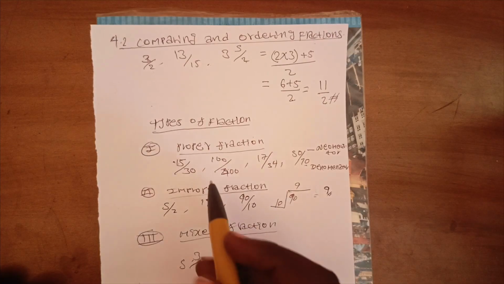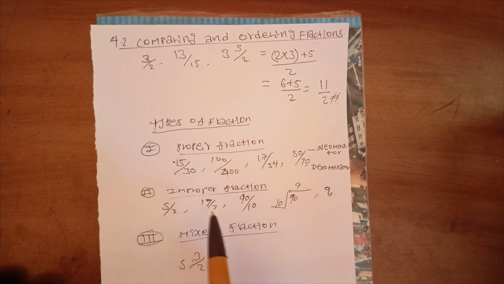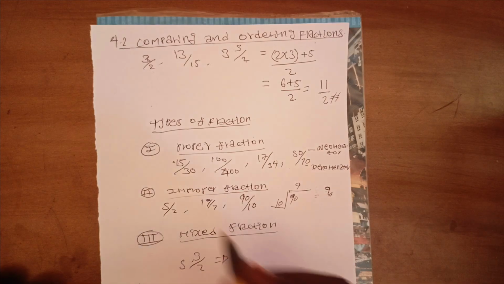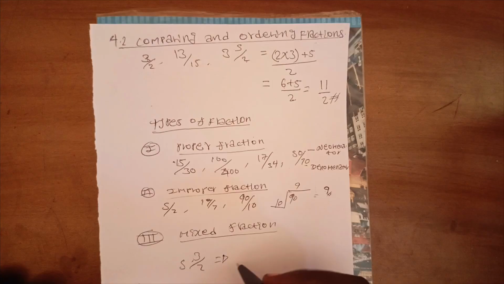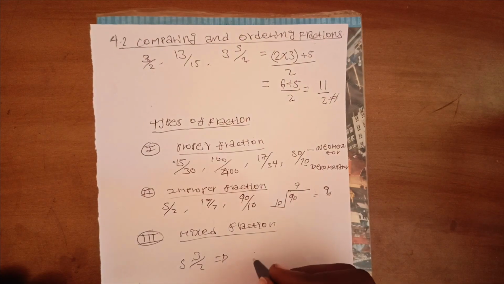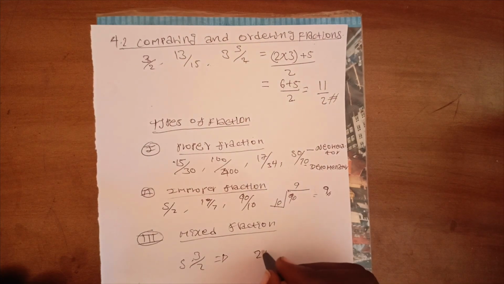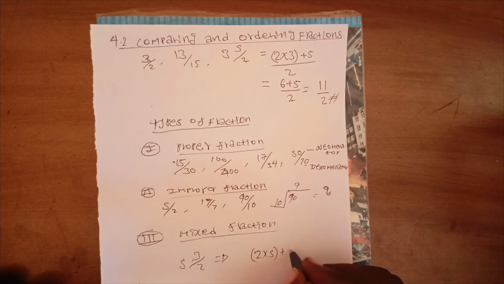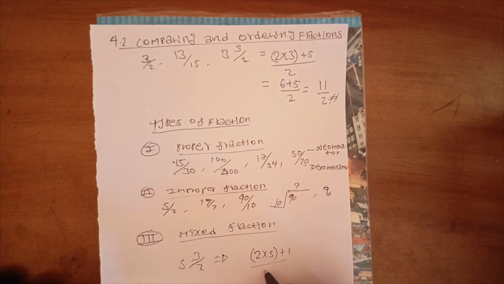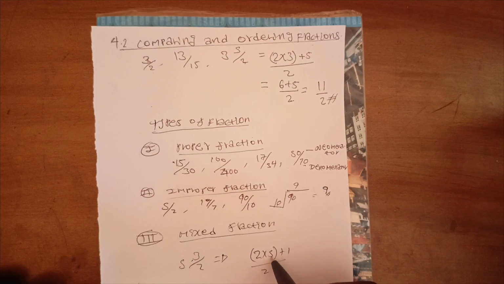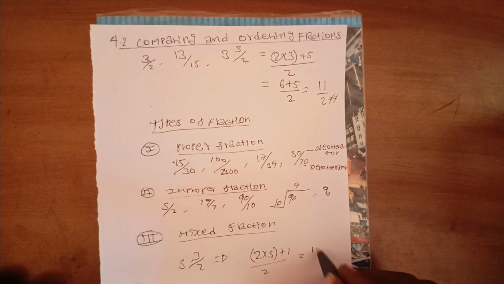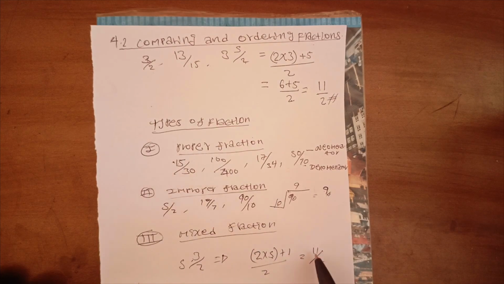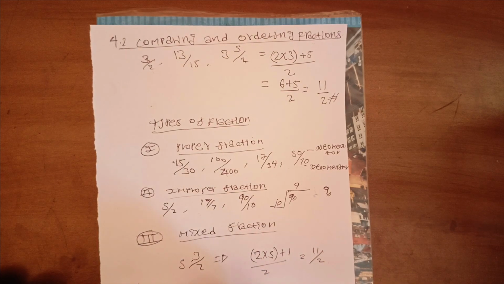To be an improper fraction, because its numerator is greater than its denominator when we change it. Like this, 2 times 5 plus 1 over 2. 2 times 5 is 10, plus 1, 11. So 11/2. Yeah, it is an improper fraction.